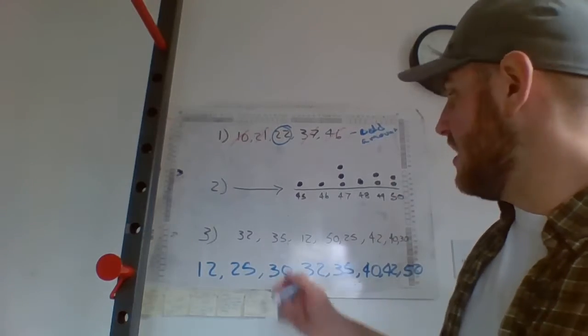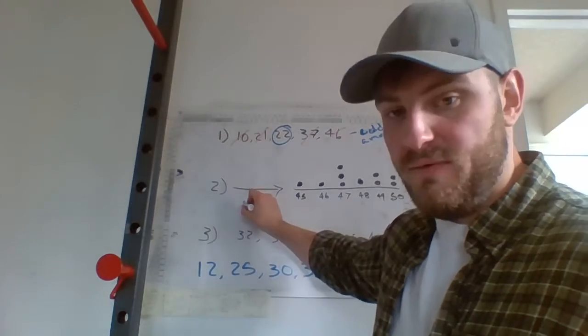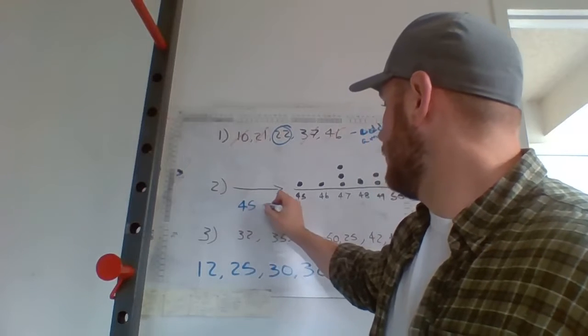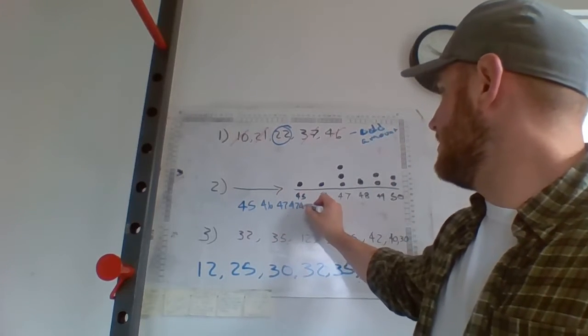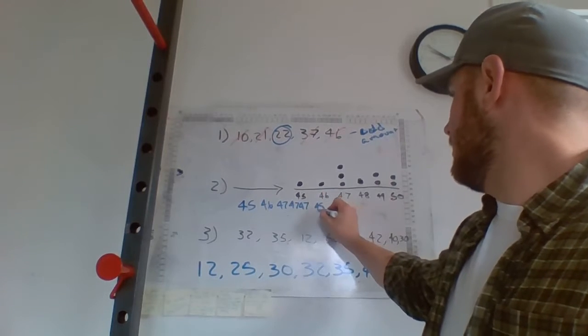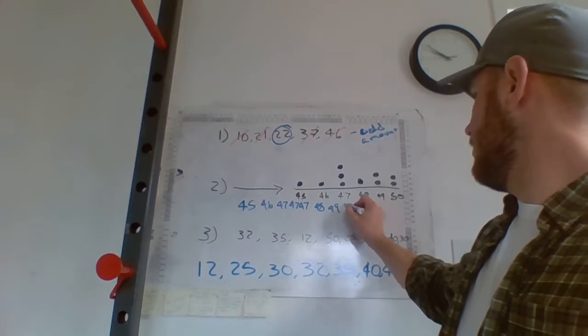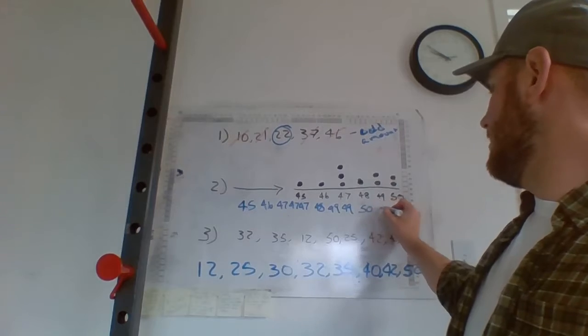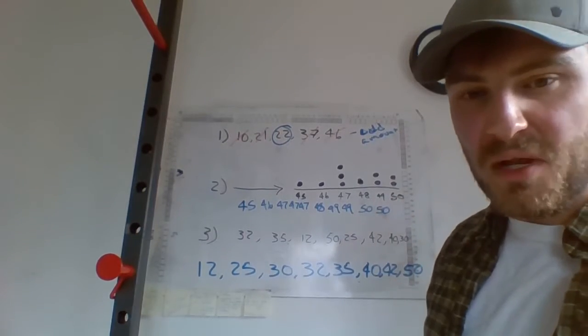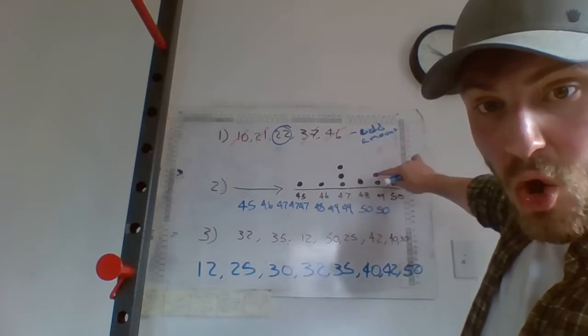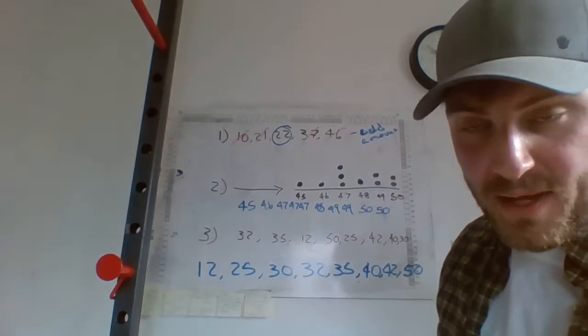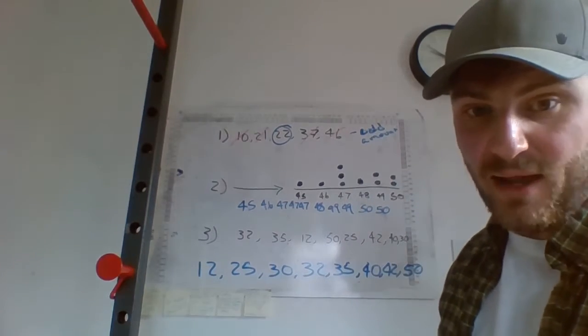If I were to write that in another way, it might look like this: 45, 46, 47, 47, 47, 48, 49, 49, 50, 50. Notice that some numbers are repeated. That's because they have a frequency of 3 or 2 here. It's okay to repeat numbers. That happens when you're collecting data.